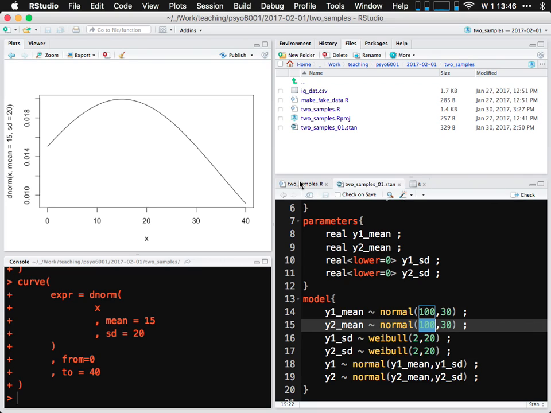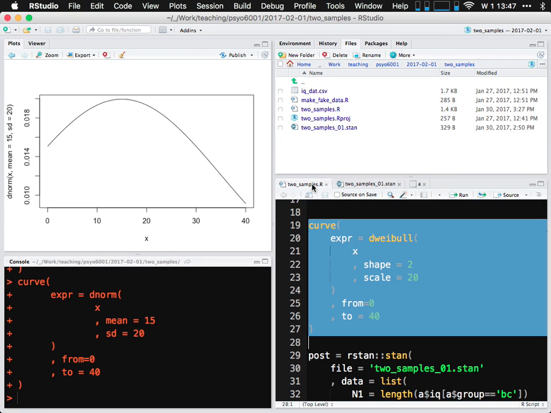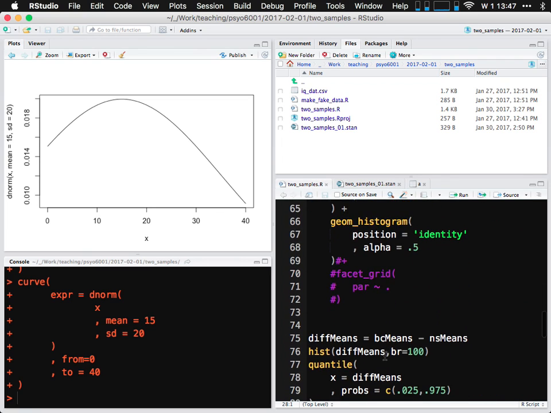So, last class we had this model. We actually could have run the very first model that we had, where we had the mean of just a single group, and we could have done a model for one group and then rerun that same model in the second group in order to get this difference score.